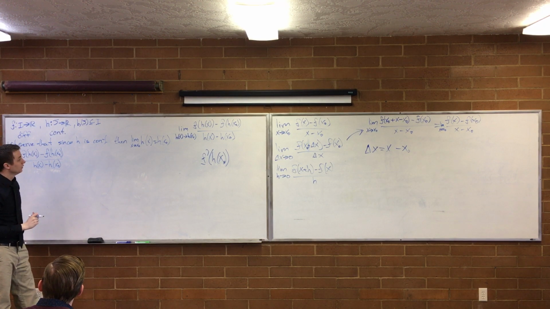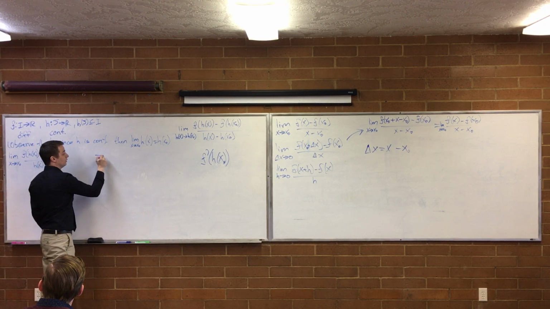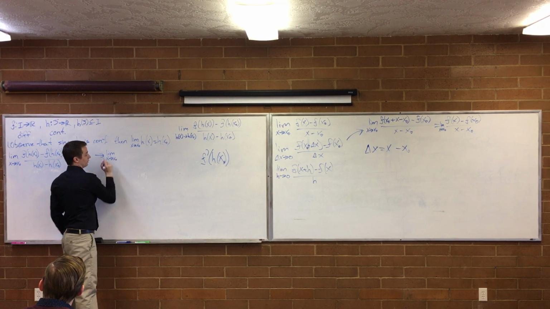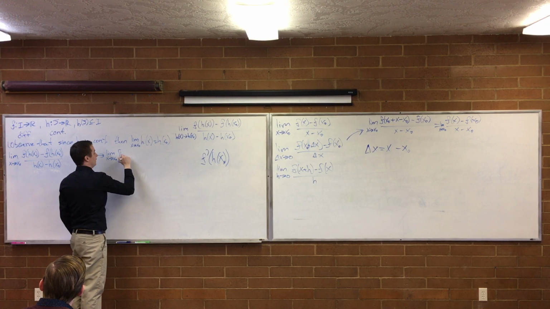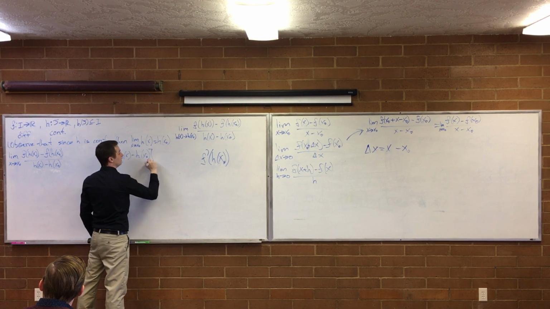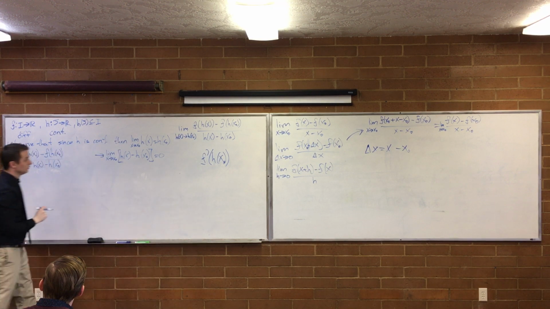Right? Which gives us what we want. That gives us that the limit as x approaches x naught of h of x minus h of x naught is equal to 0.